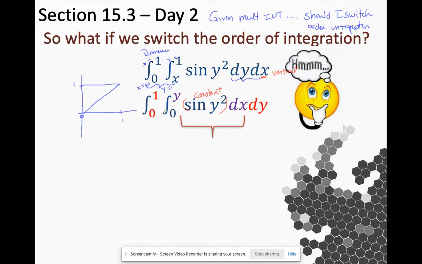But look at what I had to do to the limits of integration. dy is now on the outside, which means these have to be y numbers. Do you see where they came from? But since x is on the inside, what are the inside limits? x equals 0 and x equals y.